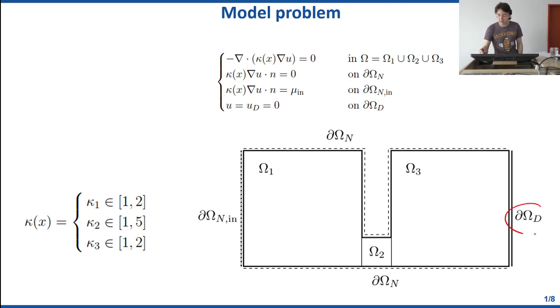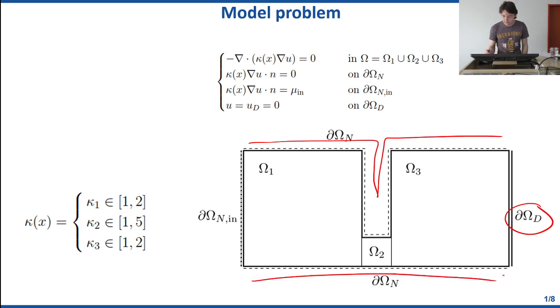We have a Dirichlet boundary on the right hand side, and normal boundaries all across the remainder of our domain. These were homogeneous, the top and the bottom, which means that there is no flux going through that. From a heat perspective, that would be an insulated edge. And then on this side we had some heat influx through our northern boundary condition.